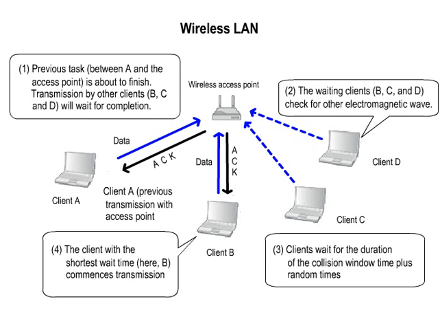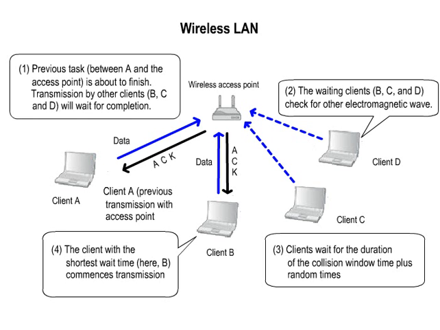CSMA/CA control begins by determining whether other electromagnetic waves are in progress. If the channels are open, that is, if there is no other transmission, then permission for electromagnetic wave is obtained.